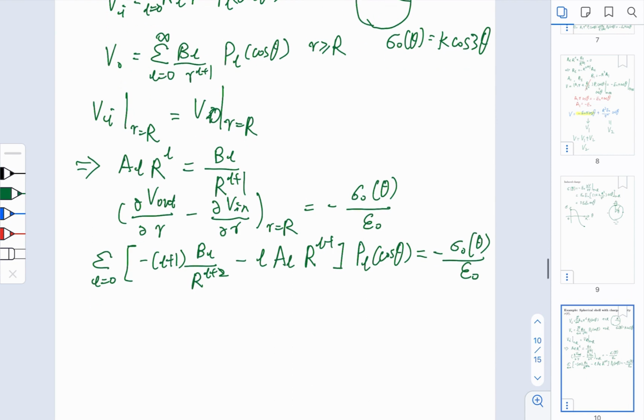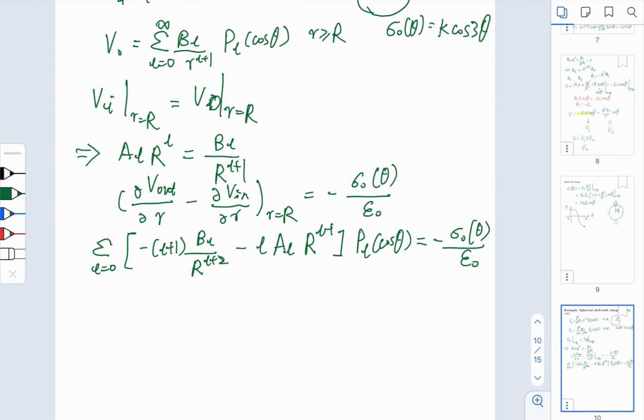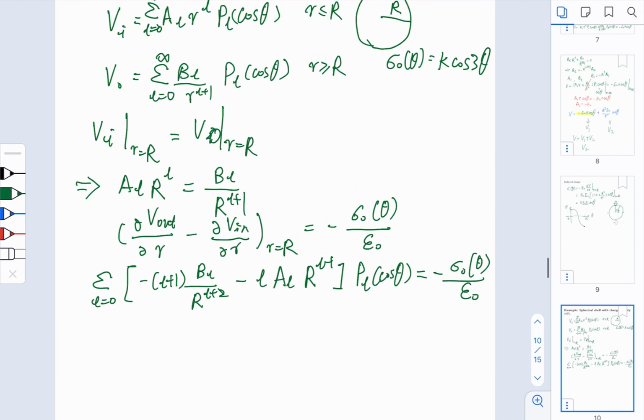now let's rearrange the terms. So we try to plug in this expression for the BL and re-express the BL in terms of AL.